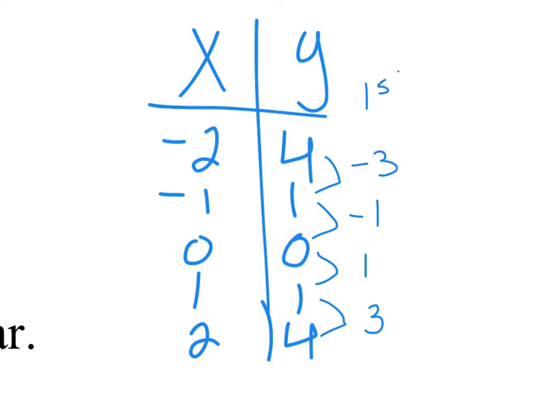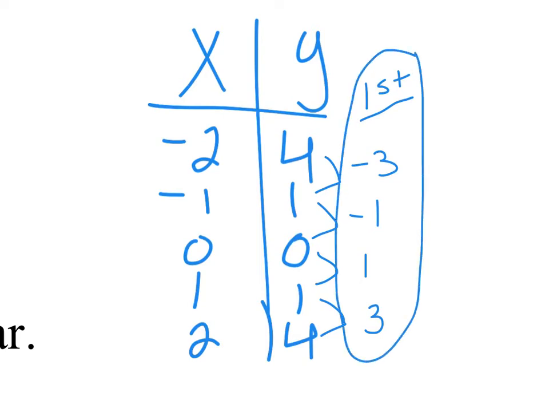When I subtracted my first time, they're all different, as you can see. But now we're going to learn something new. In grade 9, you did your first difference by subtracting and seeing whether they were constant, and that would tell me whether it's linear or nonlinear. We know that a quadratic is a nonlinear function, correct? Now what if I subtract a second time? What if I do a second difference?